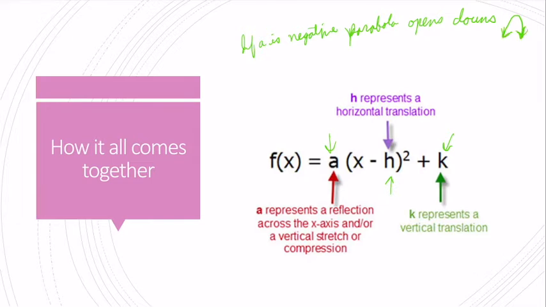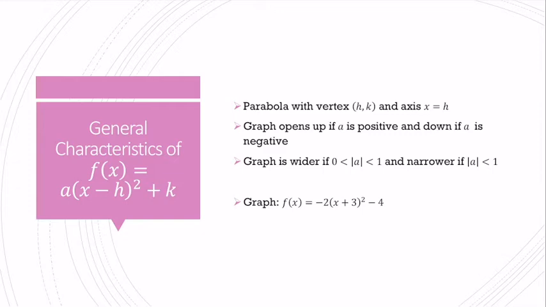So here are some characteristics of our parabolas. I've got f of x equals a times x minus h squared plus k, okay? This is a parabola with vertex (h, k). Its axis of symmetry is x equals h. If a is positive, my graph opens up.